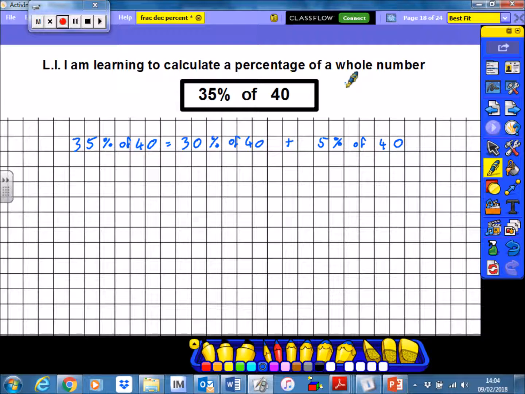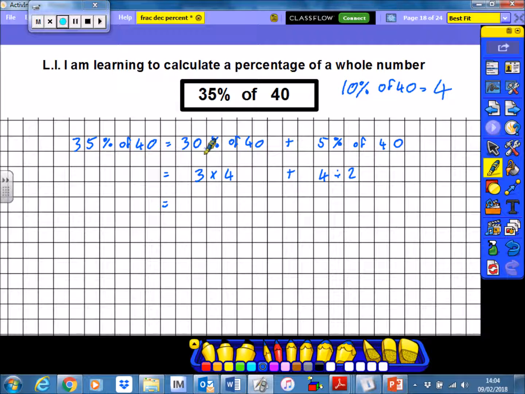So up here, I'm going to start off working out 10%. So 10% of 40, well that's 4, because it's 40 divided by 10. So that means that 30% is going to be 3 times 4. And 5% is going to be half of 4, so it's going to be 4 divided by 2.